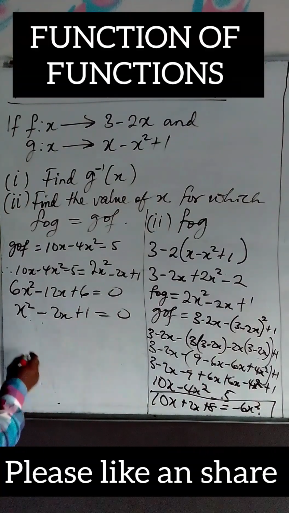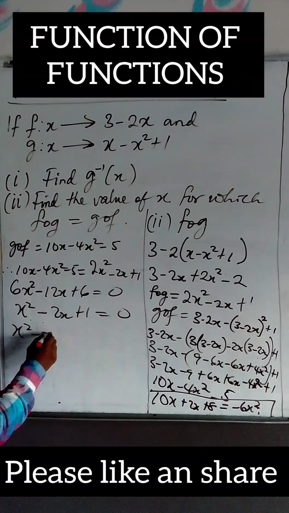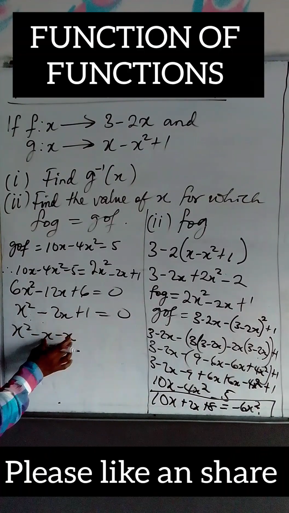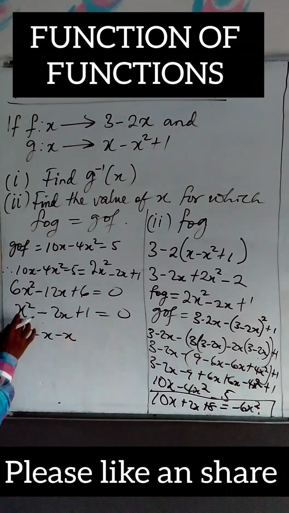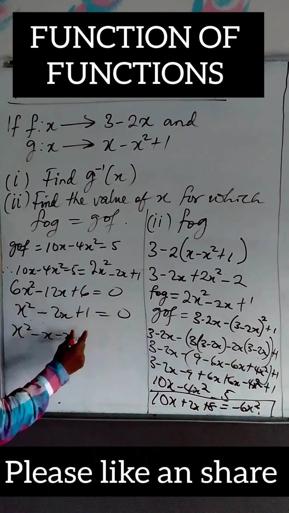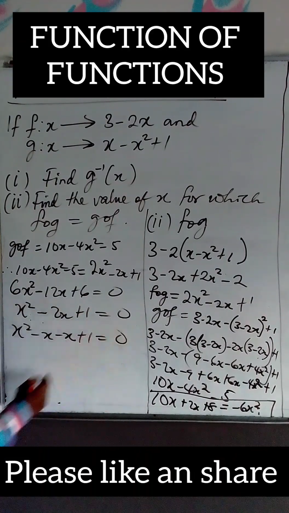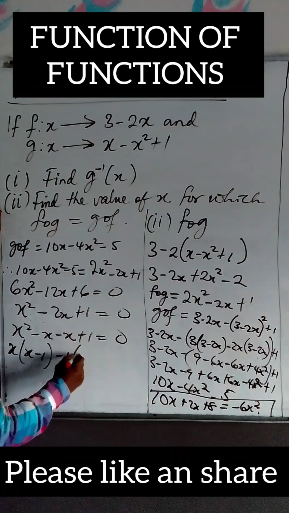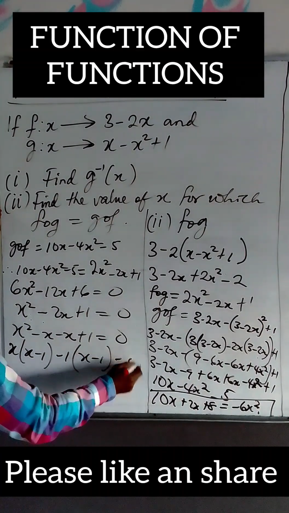We can solve for x by factorizing: x squared minus x, minus x plus 1 equals 0. Summarizing, x bracket x minus 1, minus 1 bracket x minus 1 equals 0.